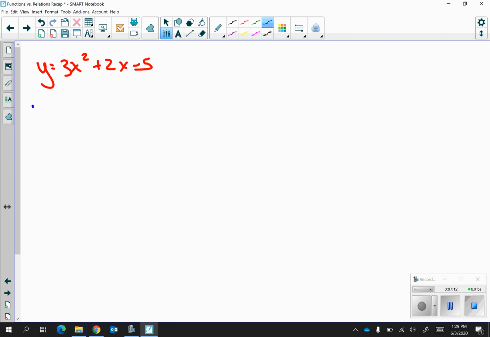So the parent function is y equals x squared. Now, there are a bunch of transformations done to this, but it doesn't matter because whether you stretch the function or you shift the function, it's still going to be an upwards opening parabola.